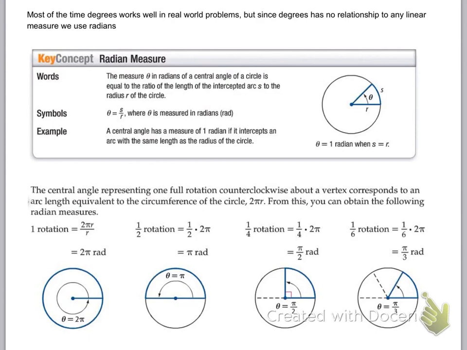So the measure of theta in radians of the central angle, remember central angle is the angle at the center to an intercepting arc, is equal to the ratio of the length of the intercepted arc to the radius of the circle. So if you took some arc S and divide it by its radius, you will end up with theta.